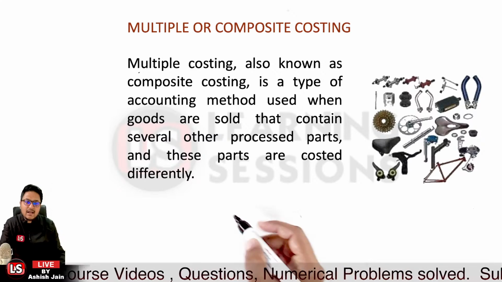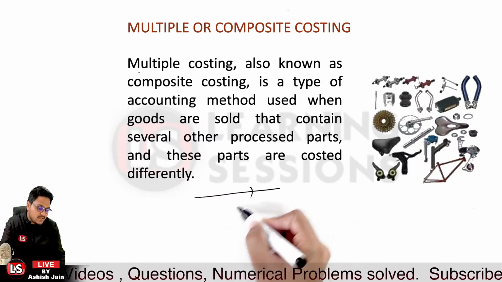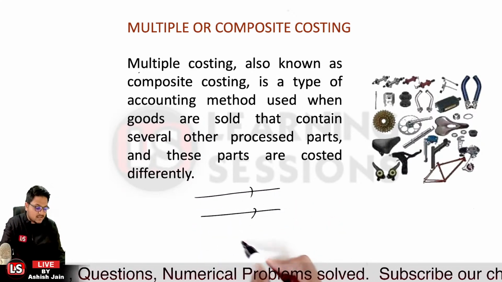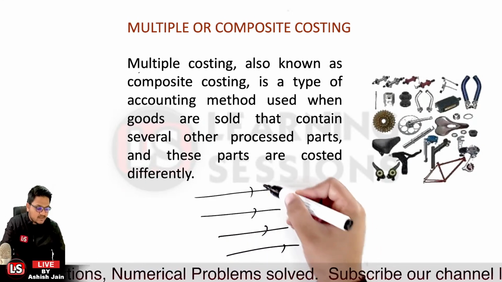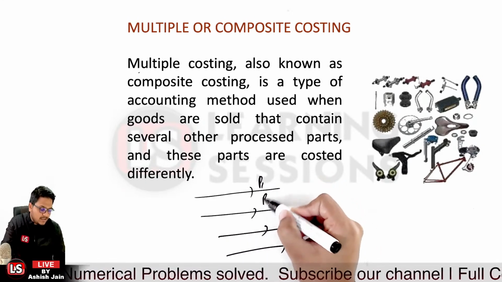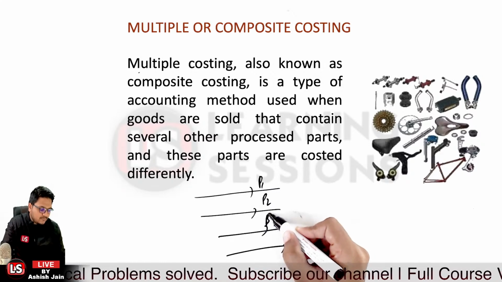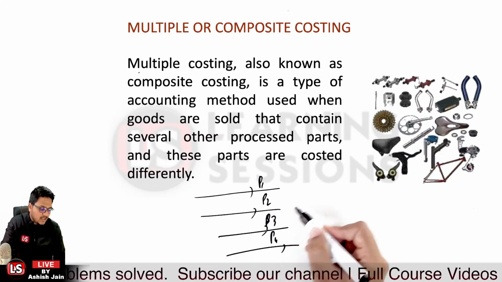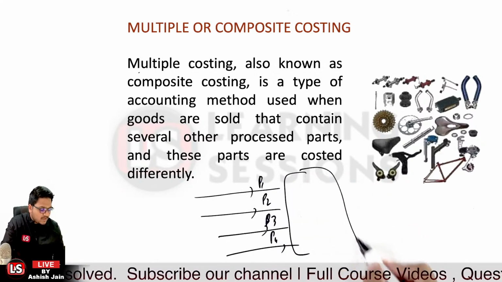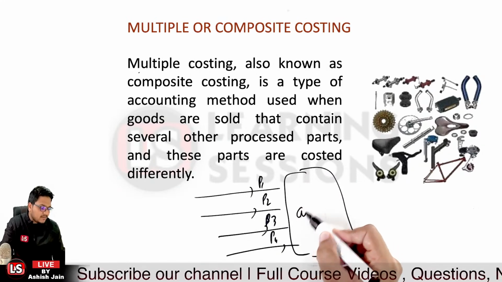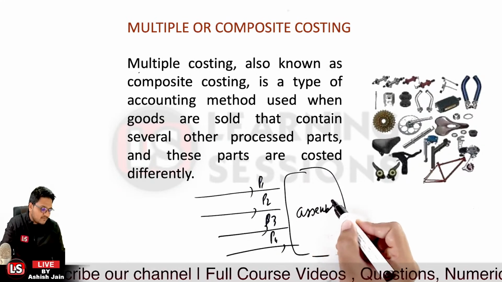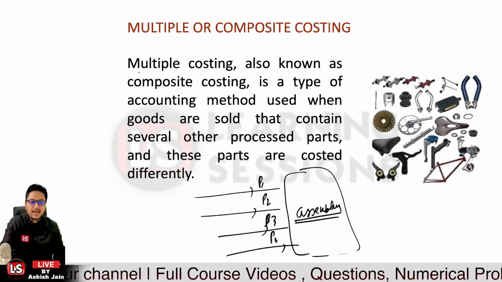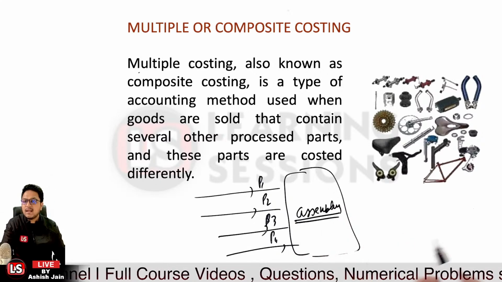Let's say they purchase the different bike parts from different companies. We are considering 4 parts: P1, P2, P3 and P4. The company here is assembling and furnishing the bicycle at their end.